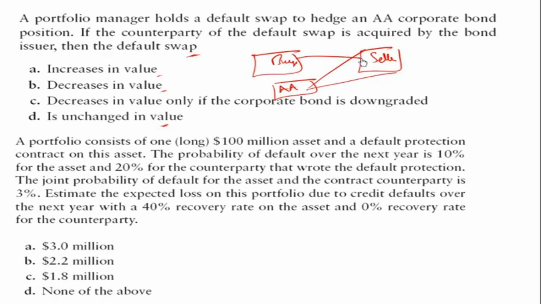So you bought protection from the seller on this reference asset, and this reference asset company has acquired the seller. So what will be the worth of this protection now? It will be nothing, as when AA defaults, the seller most definitely will be in default because the seller is now a subsidiary, fully owned by the reference asset. So the swap will decrease in value.